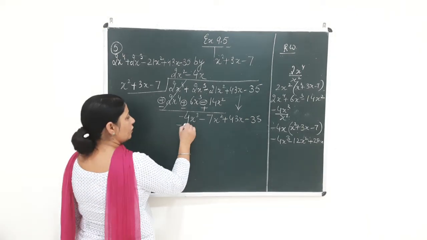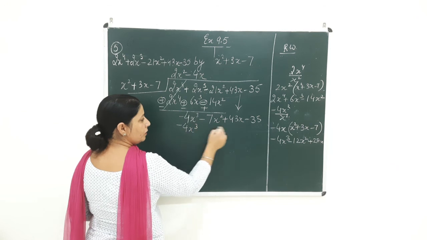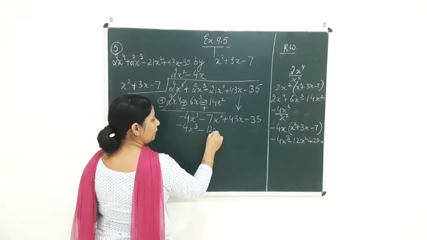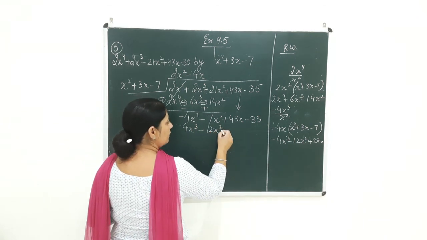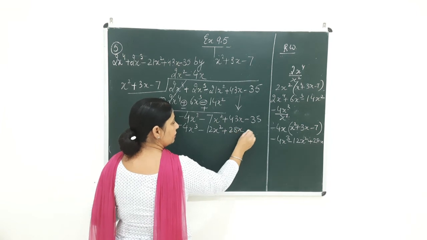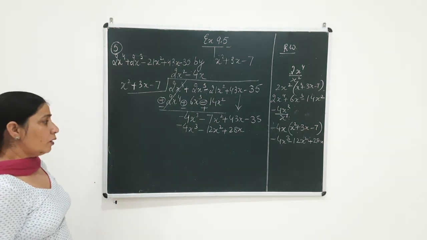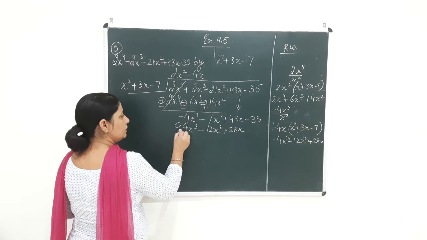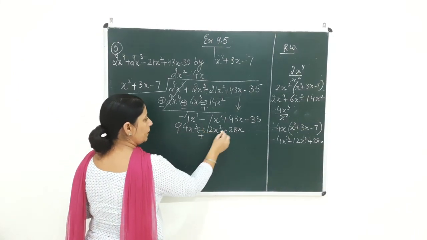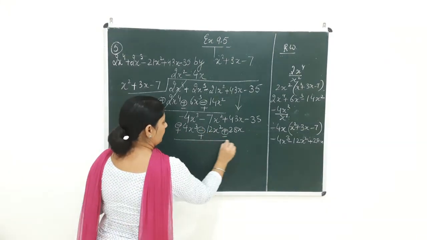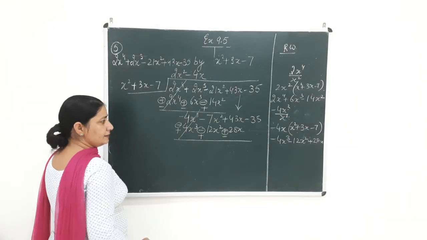The term which is of x cube will be written under x cube. The term which is of x square will be written under x square. And the term which contains x will be written under the term x. Now next, what to do? Minus will change to plus, this minus to plus, this plus to minus. This will get cancelled.